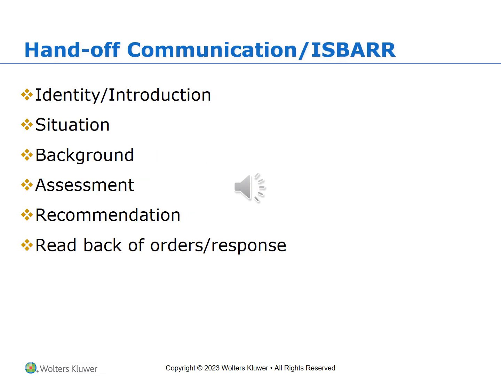On page 539 and 540, box 20-6, it explains the ISBAR in detail and also gives you some examples of an ISBAR. So read this in detail. However, the acronym stands for Introduction or Identify or Identity, Situation, Background, Assessment, Recommendation, Readback of Order or Response.